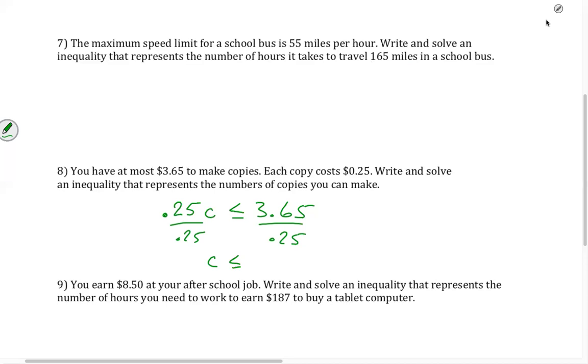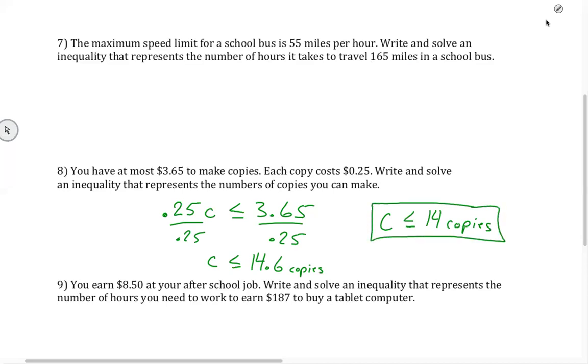And the funny thing is we get this decimal, 14.6 copies. Well, wait a second. You can't make 0.6 of a copy. So C has to be less than or equal to 14 copies. Again, it has to be that because you can't have 0.6 of a copy. You either copied it or you didn't.